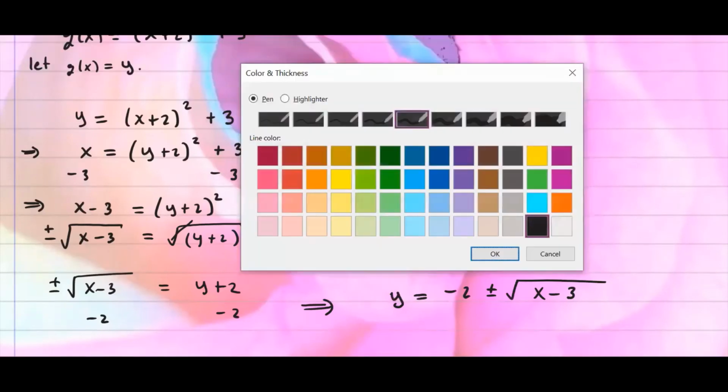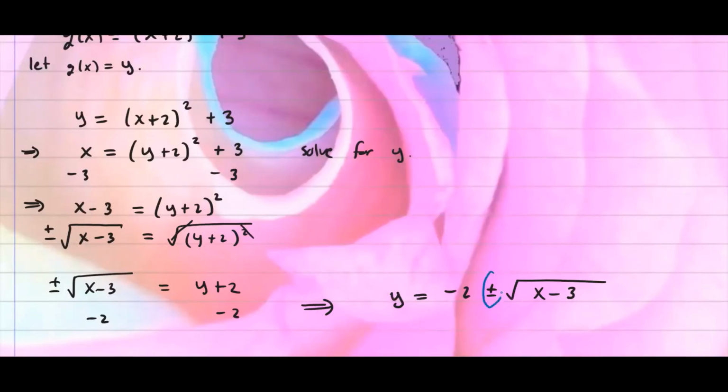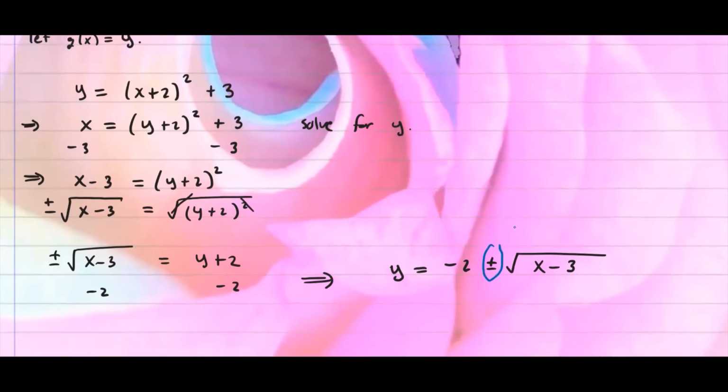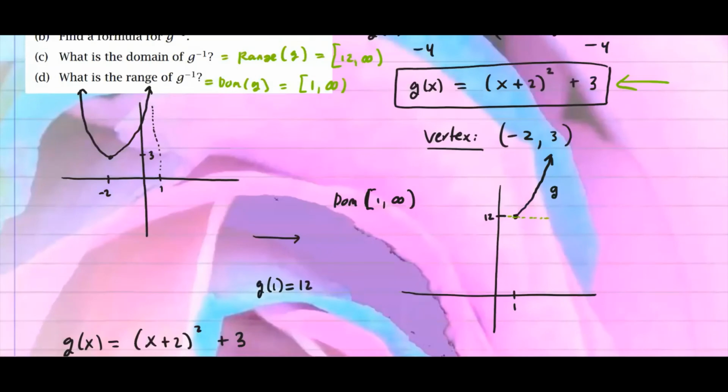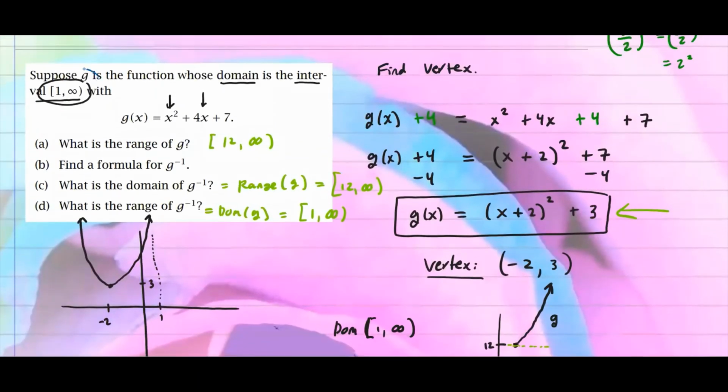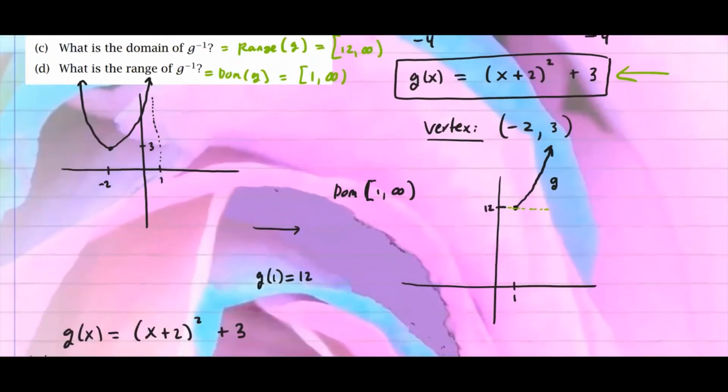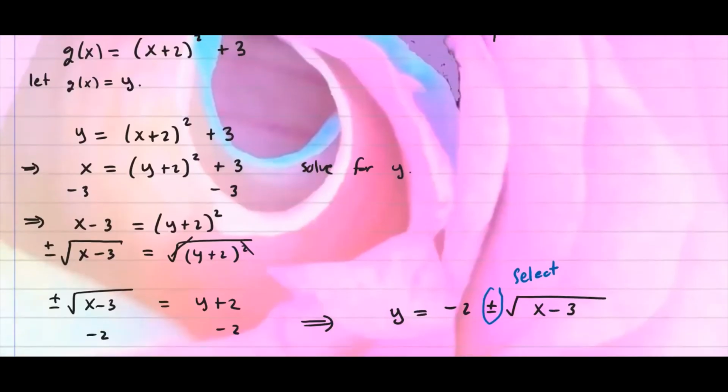And that is our inverse function, but we need to be careful. Is it the plus or the minus? So we have to make a selection here. So here, you're going to select either plus or minus based on the domain of the original function. So if you go back to the problem, the function is only on the interval 1 to infinity. So that means we're looking at the positive square root of that.